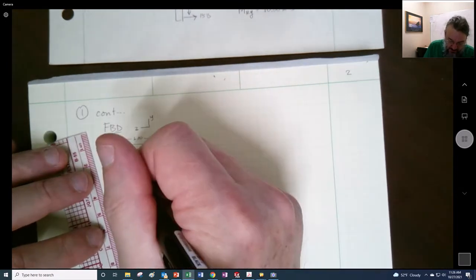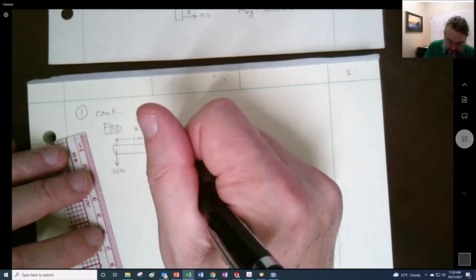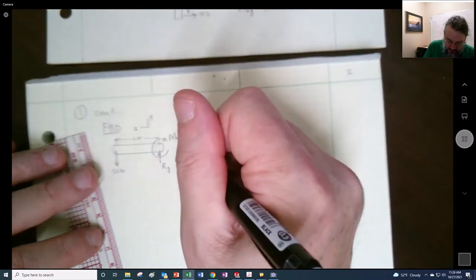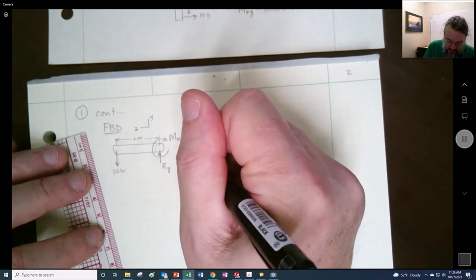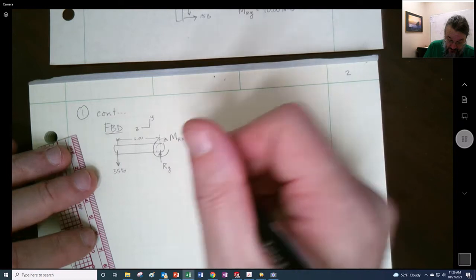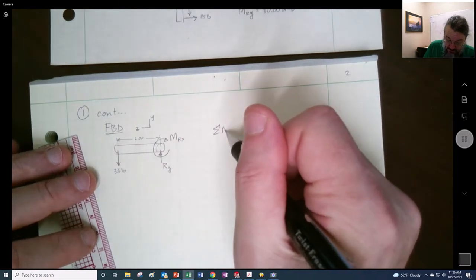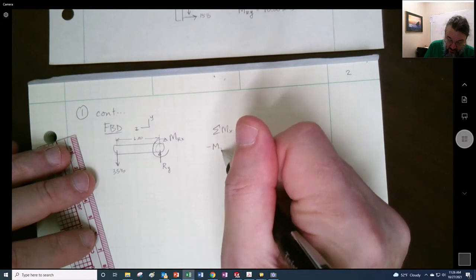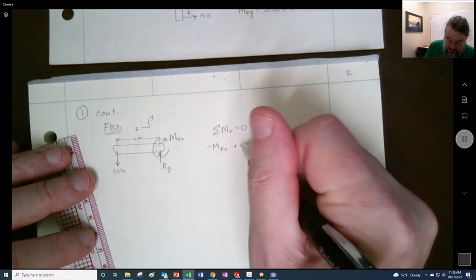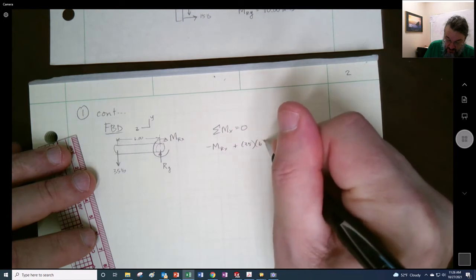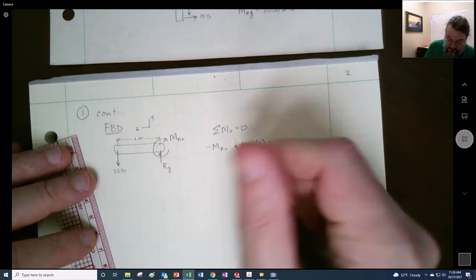And which way is it? That's going counterclockwise. So this one must go clockwise. I'll make the head over there. So here's R X, which is the same thing as the torque, right? So the summation of moments about the x-axis, and we have a negative MRX and a positive 35 times 6 equals 0.